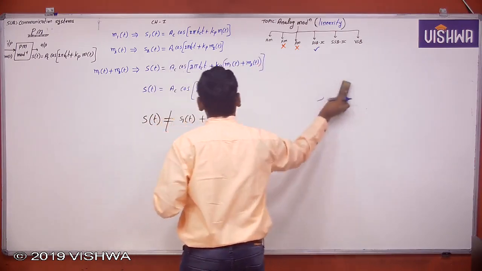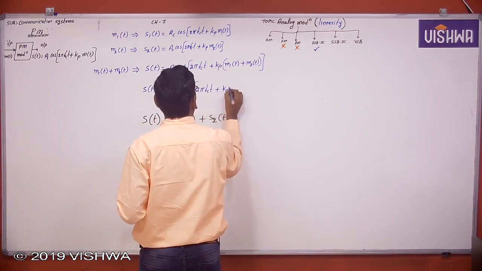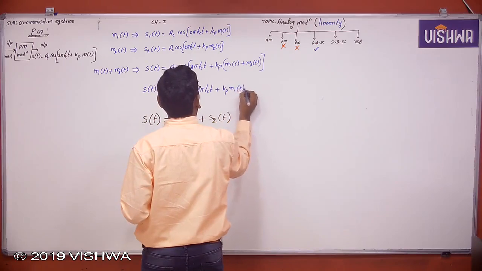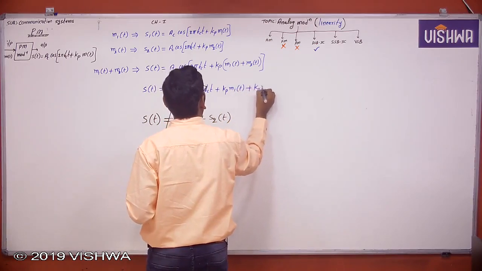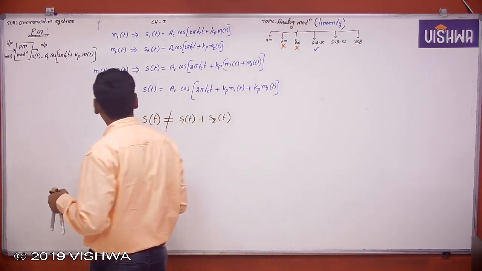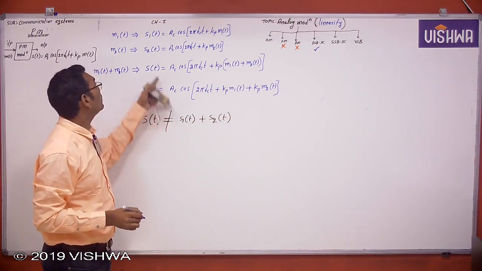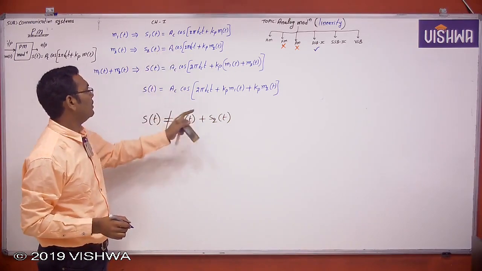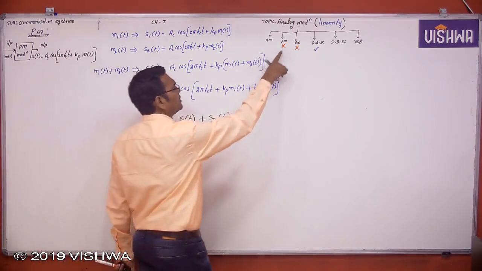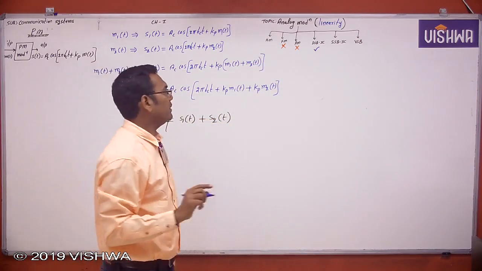Now this is nothing but Kp m1 of t plus Kp m2 of t. Now therefore this is s of t, which is not equal to s1 of t plus s2 of t. Therefore PM is also not a linear modulator, PM is also a non-linear modulator.